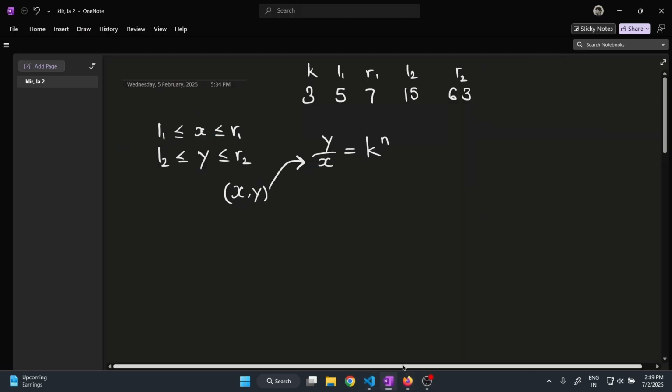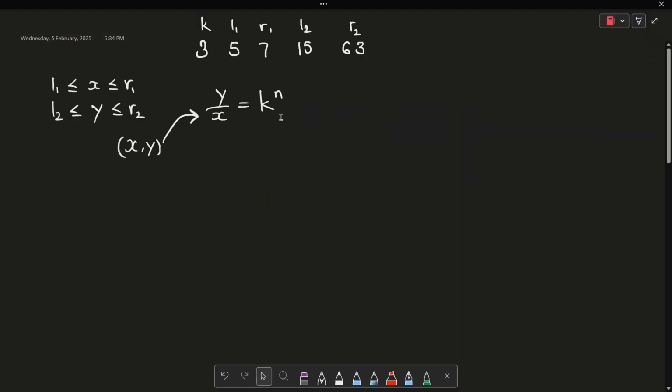So if k is an integer and n is also an integer, then obviously k to the power n will always be an integer. This is the first thing that we should think of.